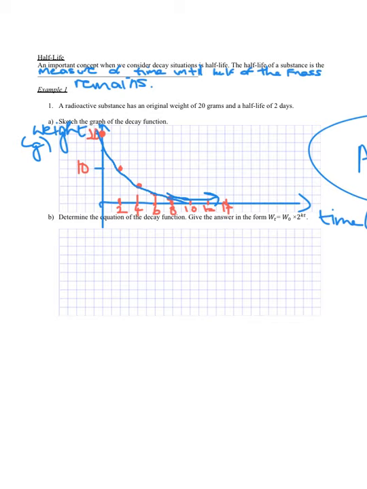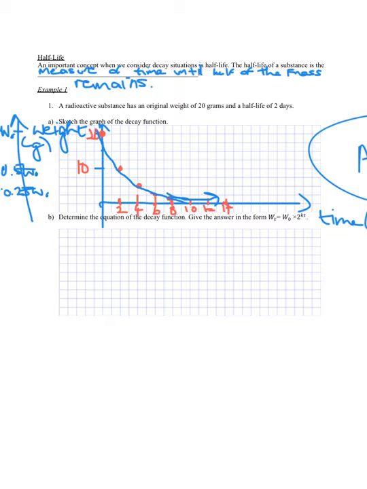You've got your weight, your units, and the different things that are happening. We've got W0, the initial weight here. Then we've got a half of W0, or 0.5 of W0, and then 0.25 of W0, etc. Then we're asked to determine the equation of the decay function.